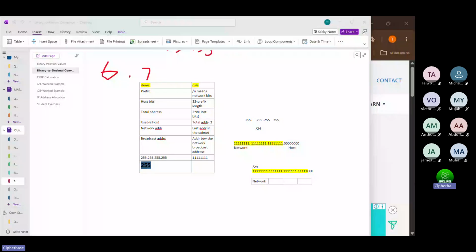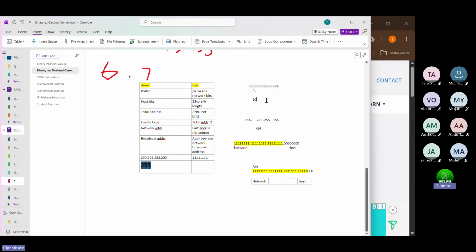So what I'm talking about here is that from here to 29 is network, while the remaining 3 here is host. That's what we need to understand. Let's assume I told you that it started from /1 to /32. Anywhere we see /1, we quickly know that we have one 1, then the remaining will be 0s.